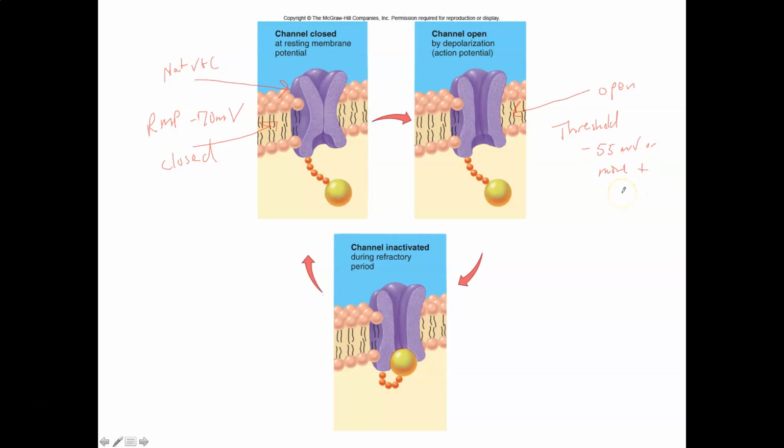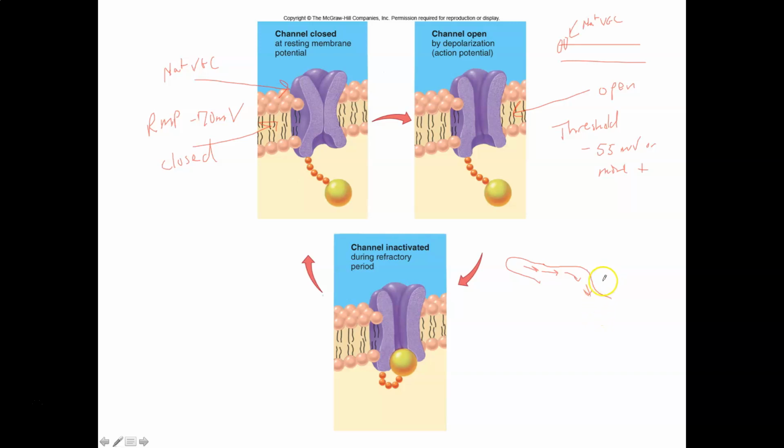So if there's an electrical signal that's moving along a dendrite, sodium voltage-gated channels are found along the axon of a neuron. So we'll put a sodium voltage-gated channel here. Sodium voltage-gated channels are found along the axon. So let's say we have an electrical signal that's moving along a dendrite and along a cell body, and it's on its way towards the axon.